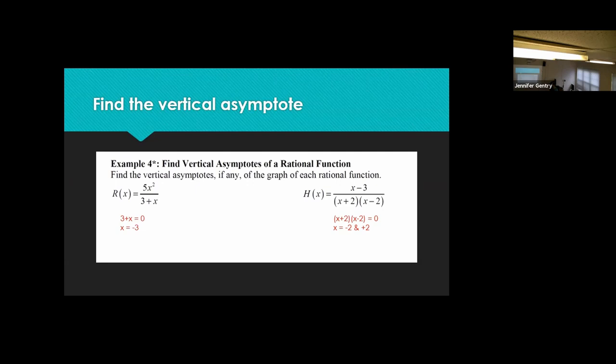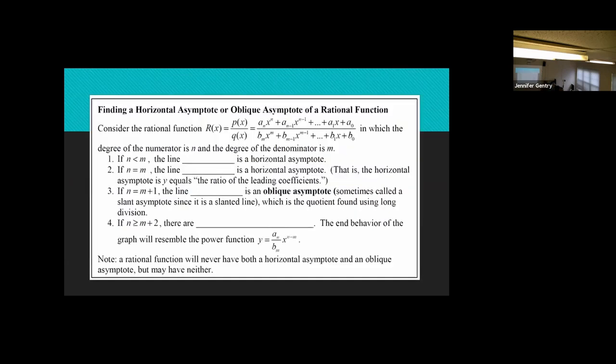Now, let's get into the harder ones. The horizontal or oblique. We'll talk about oblique in a second. An oblique would be an asymptote of a line, something that's not necessarily horizontal or vertical. So, let's take it step by step.